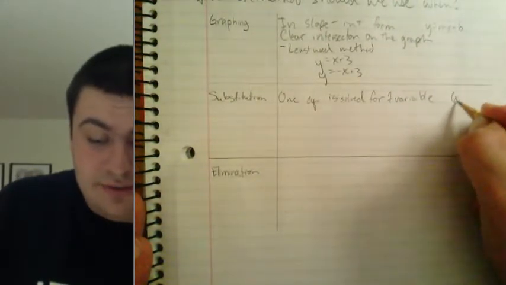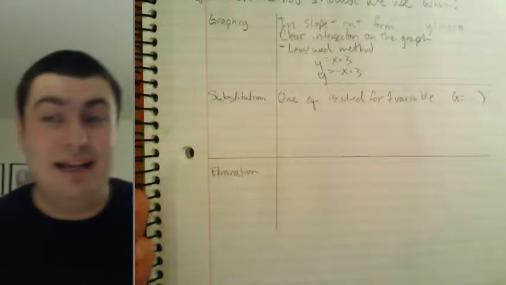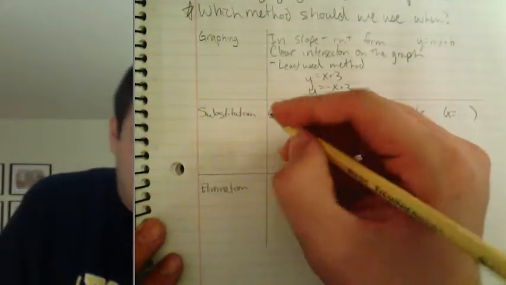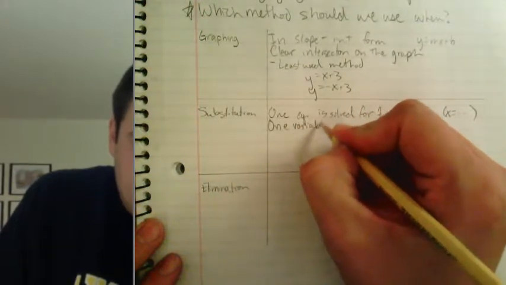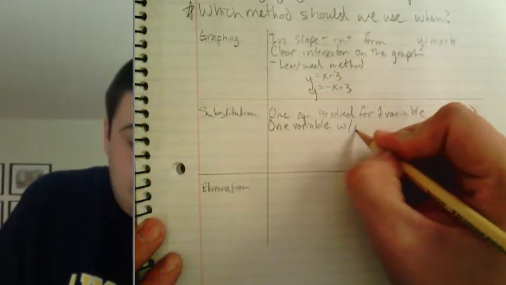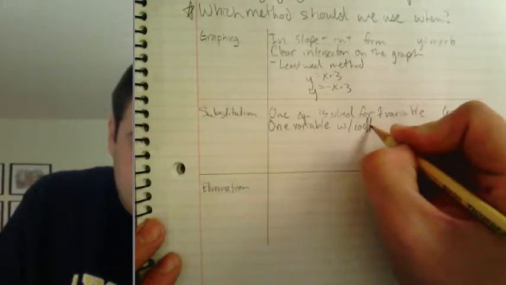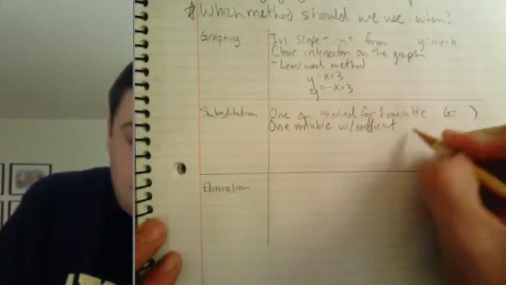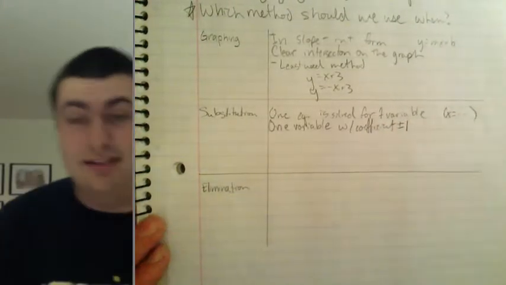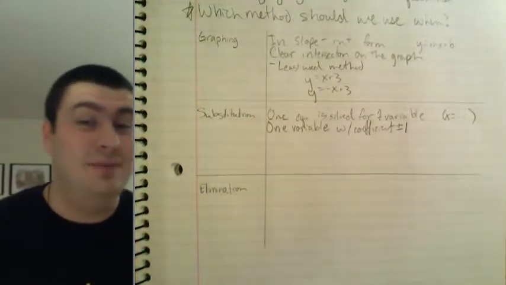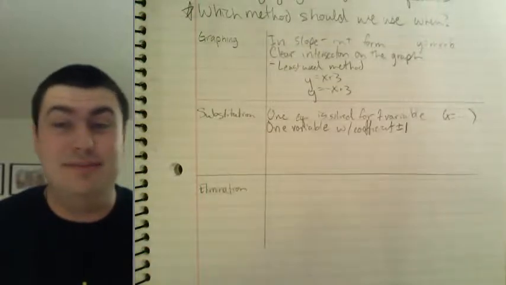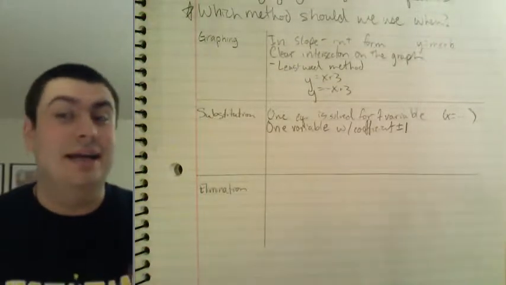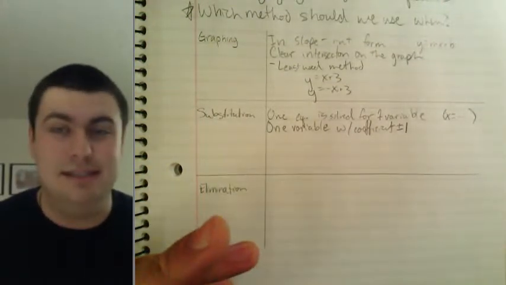So think if we have x equals something or y equals something, or if we have one variable with a coefficient of either positive or negative 1, because then we can really rearrange it. If it takes one step, we can make it x equals something. That'd be super easy to substitute.